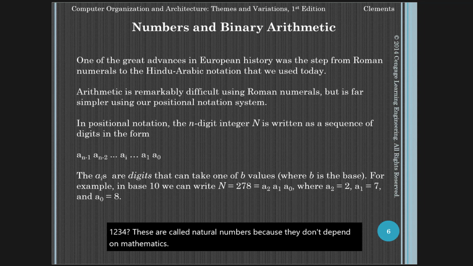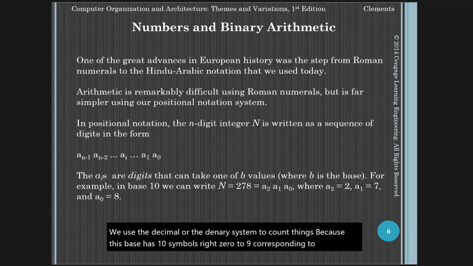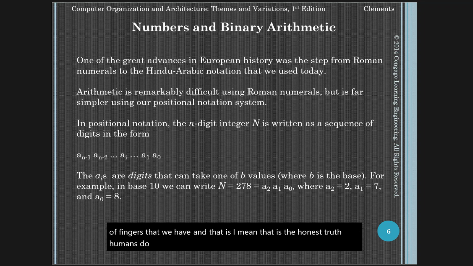When we count things, we use the decimal or the denary system because this base has 10 symbols, 0 to 9, corresponding to the number of fingers that we have. And that is the honest truth. Humans do things based on what we're given, naturally.